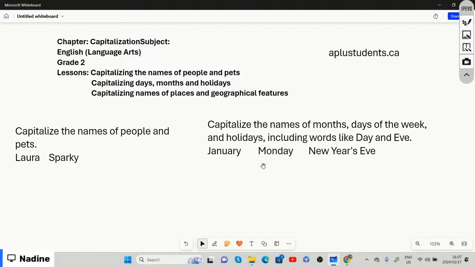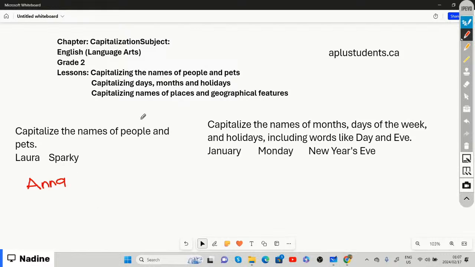For example, if your name is Anna and your surname is Johnson, then we need to capitalize the A in Anna and the J in Johnson, because we capitalize names of people.